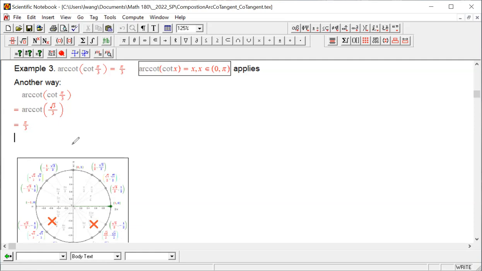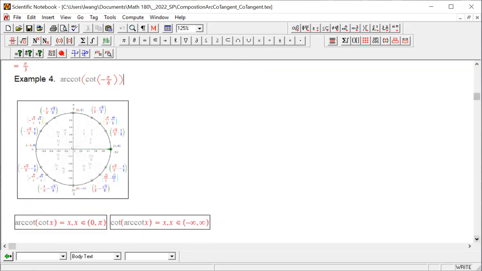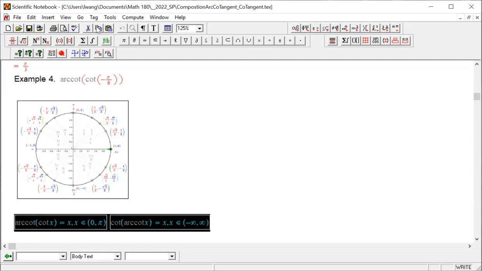Now let's look at another example. Example number 4. This time we have arc cotangent of cotangent of negative pi over 6. Does any one of the shortcuts apply?